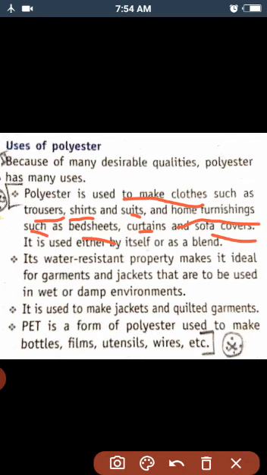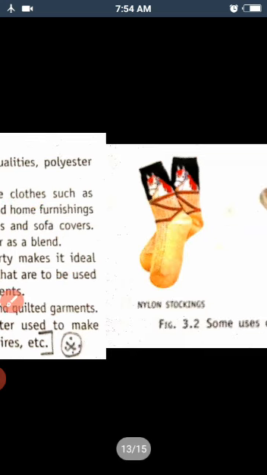Its water resistance property makes it ideal for jackets used in wet or damp environments. PET is a form of polyester used to make bottles, films, utensils, and some wires.